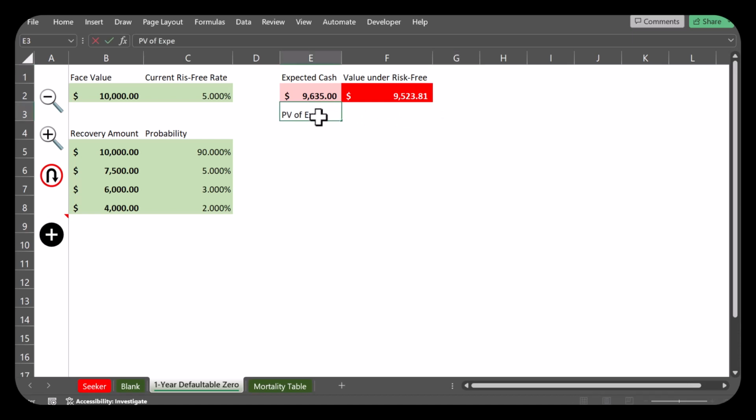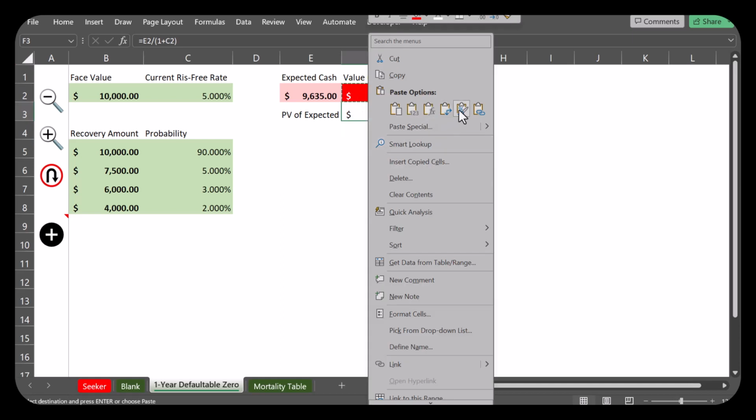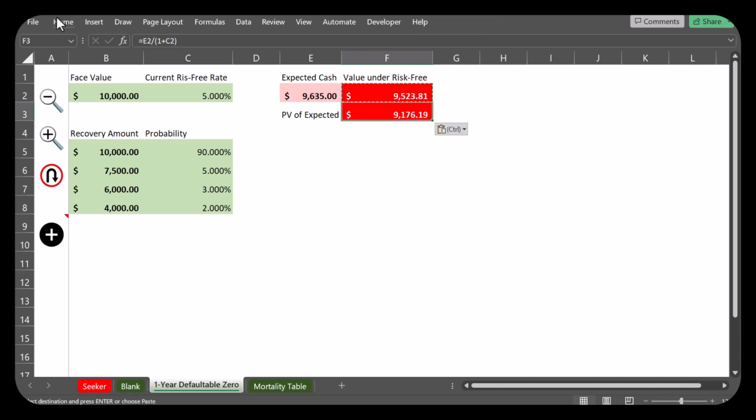PV of expected. I'm gonna make that black and white.